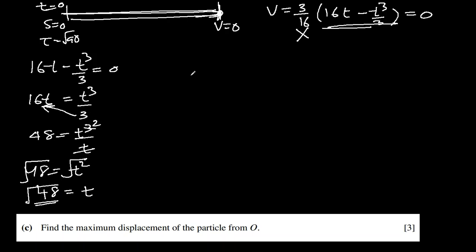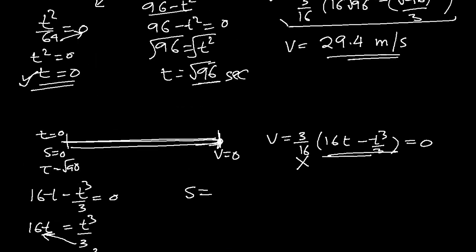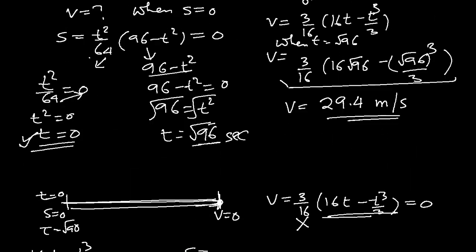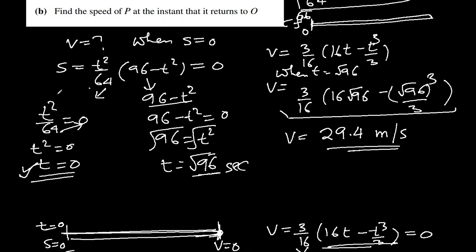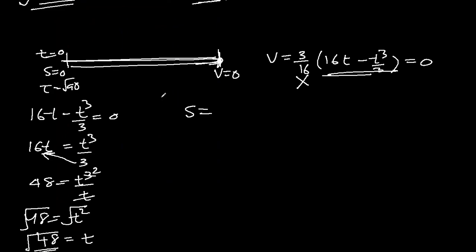And we'll substitute this now. They're asking what is the maximum displacement. So in the displacement equation, we will just substitute t equal to square root 48 and we'll get the maximum displacement. So the equation was t square over 64, 96 minus t square.